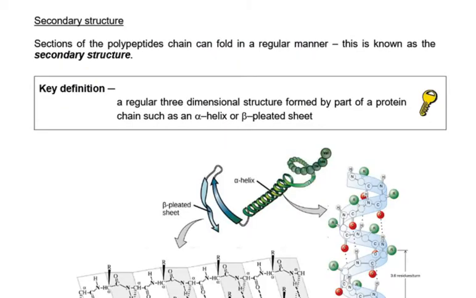The next level of structure is the secondary structure. Now, if you like, this is the scaffold that the total three-dimensional shape of the protein is built on. So it's the framework for the protein.